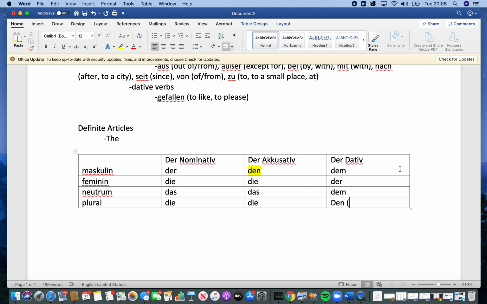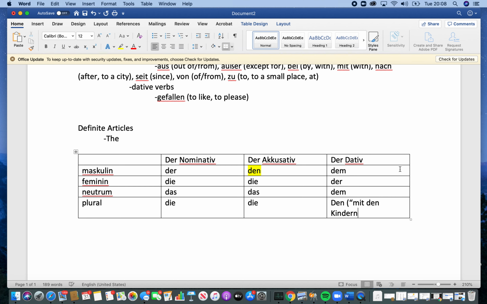And if you have a plural noun, like Kinder, for example, it's usually going to end in an N in the dative. So we could say mit den Kindern. And I will highlight this in green, so you see we're adding that.